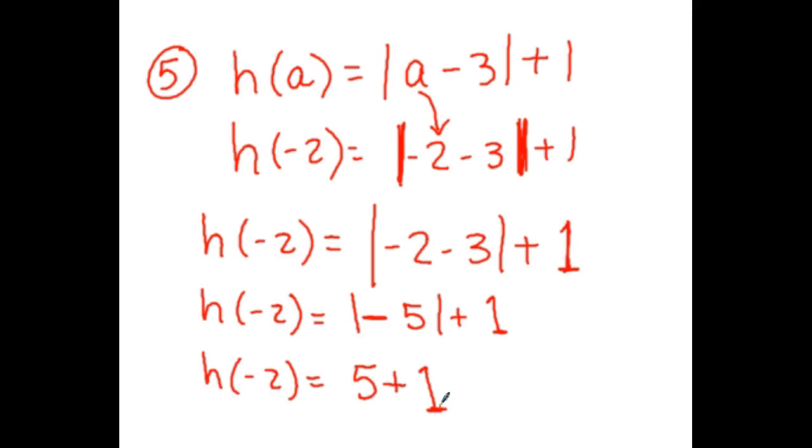So if you're over here at -5 on the number line, you are 5 units away from 0. All the absolute value does is change a negative number to a positive number so that the answer is 6.